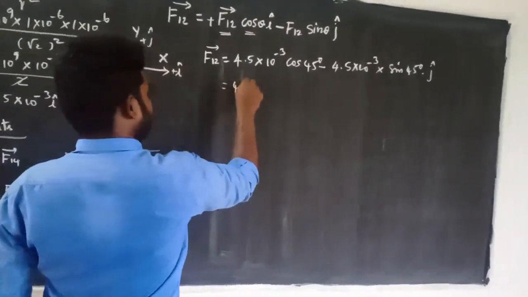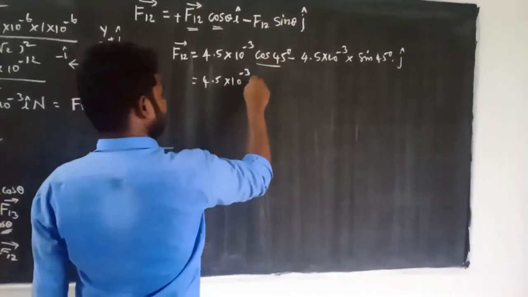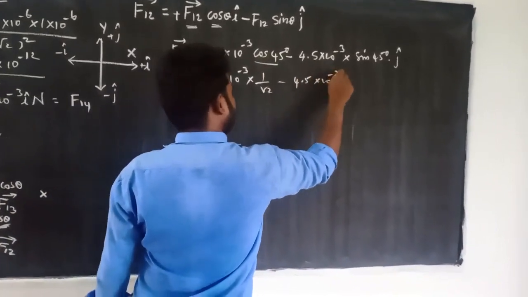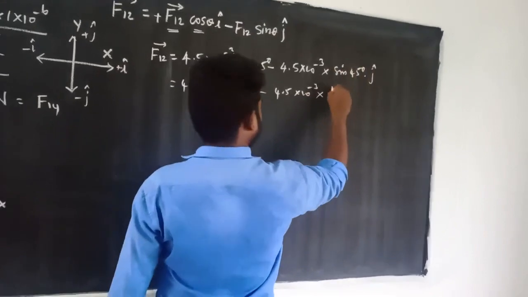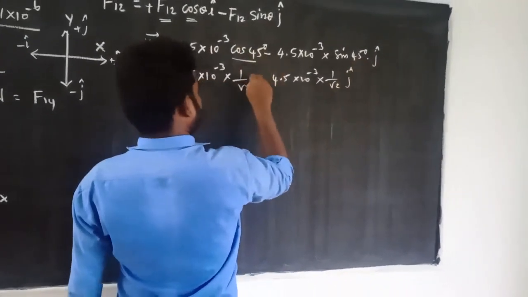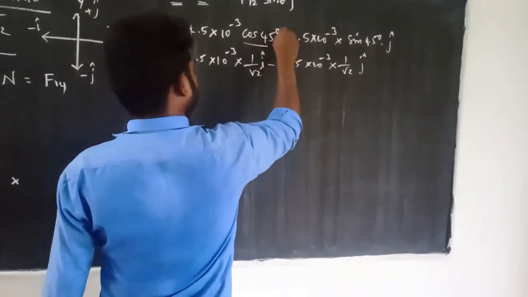So 4.5 into 10 to the power of minus 3, the value of cos 45 is 1 by root 2, minus 4.5 into 10 to the power of minus 3 into sin 45 degree, 1 by root 2, here j cap, here I cap.